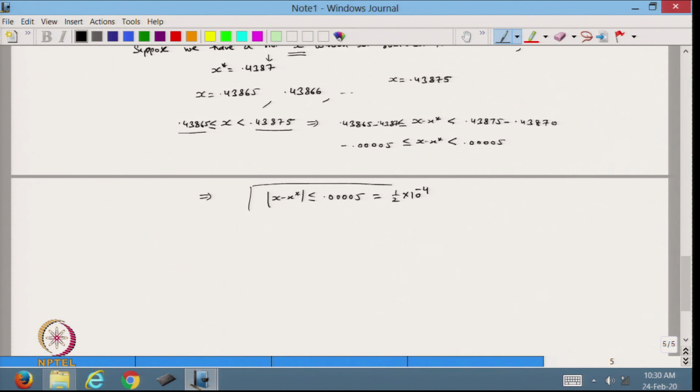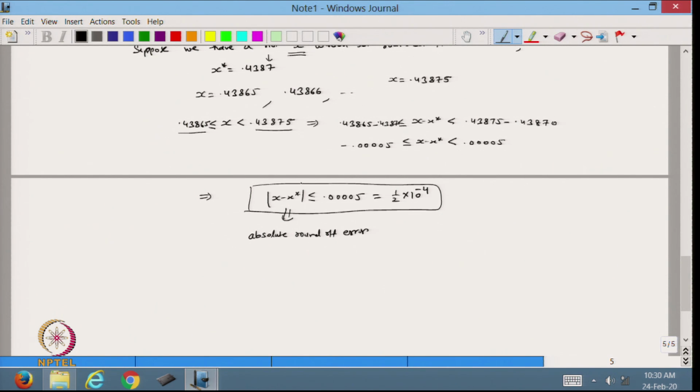Because we have rounded the number up to 4 decimals, 10 raised to power minus 4 is coming, and half. So, if I take the absolute value of the round-off error, this error is always less than or equal to half into 10 raised to power minus 4.